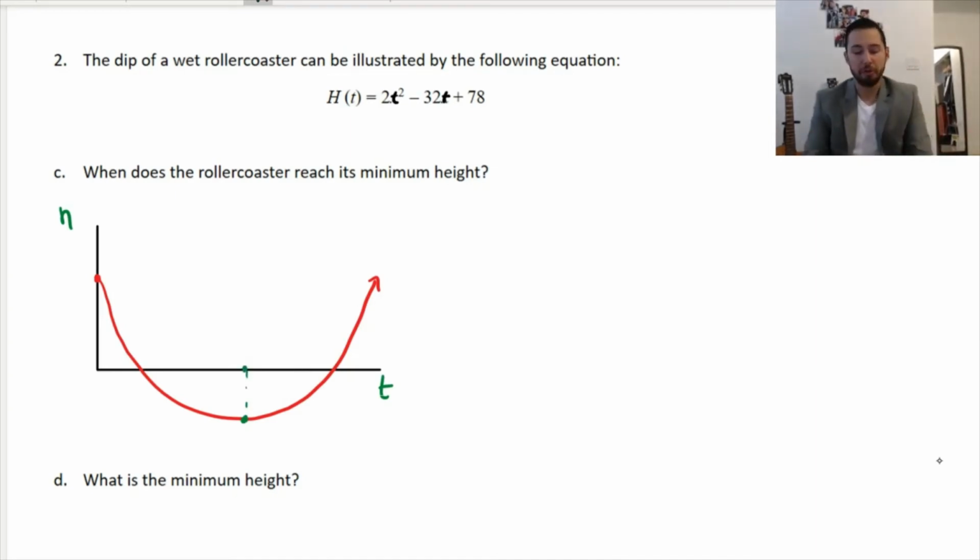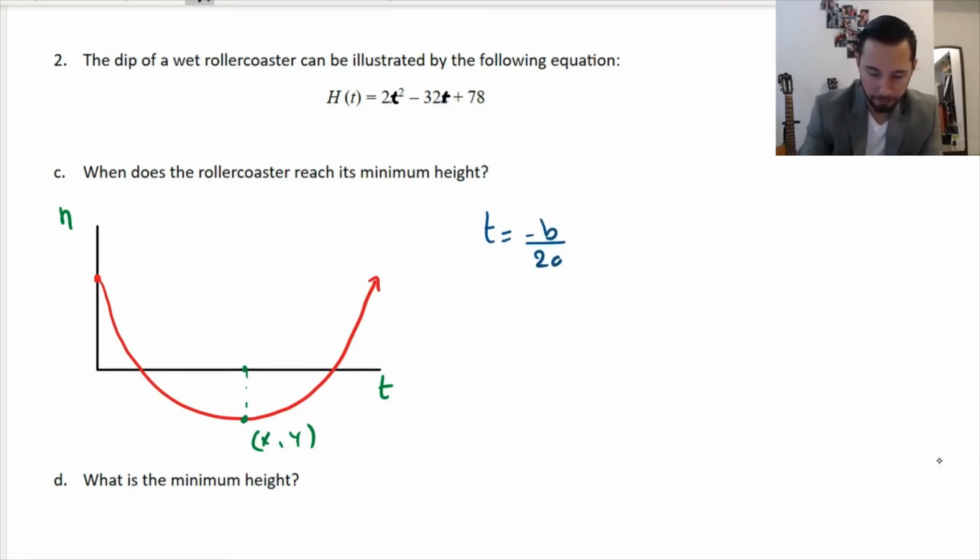So again, I'm looking for my axis of symmetry. This is x comma y, and I'm looking for my x value. So t is equal to negative b over 2a, and then all I have to do is plug in. My a here is 2, my b is negative 32. So t is equal to the opposite of negative 32, which is positive 32, divided by 2 times the value of a, which is 2.